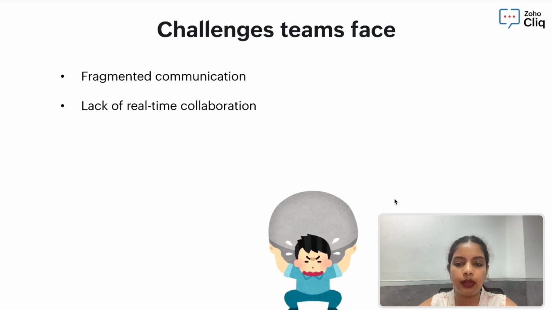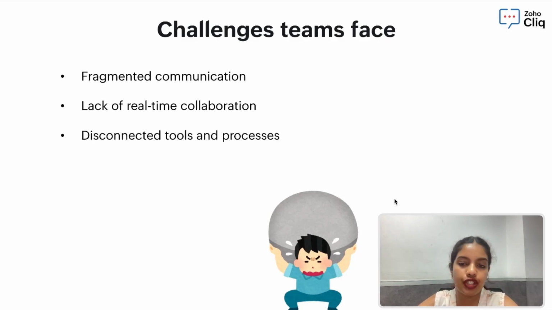People are waiting on updates, working in their own silos, or duplicating efforts because they don't know what others are doing. Then there's the whole too many tools, not enough connection problem. You've got design in one place, tasks in another, feedback in a third application, and no real way to tie it all together.